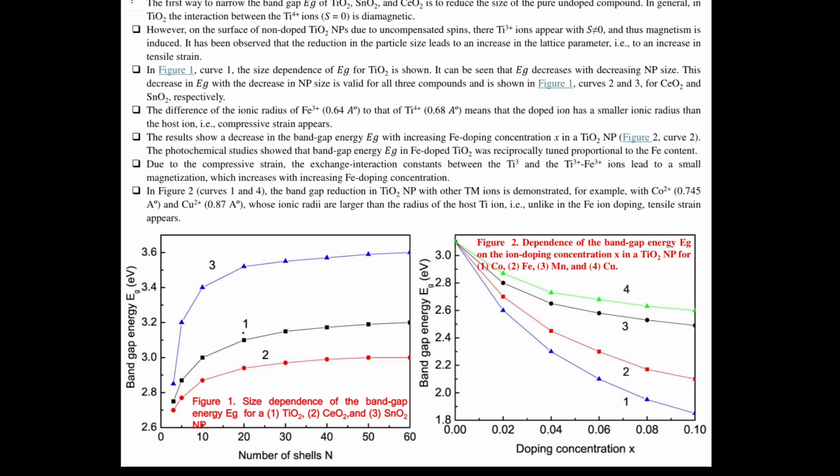So in this TiO2 case, the valence band is dominated by oxygen 2p orbitals, and the conduction band is dominated by Ti3d states.